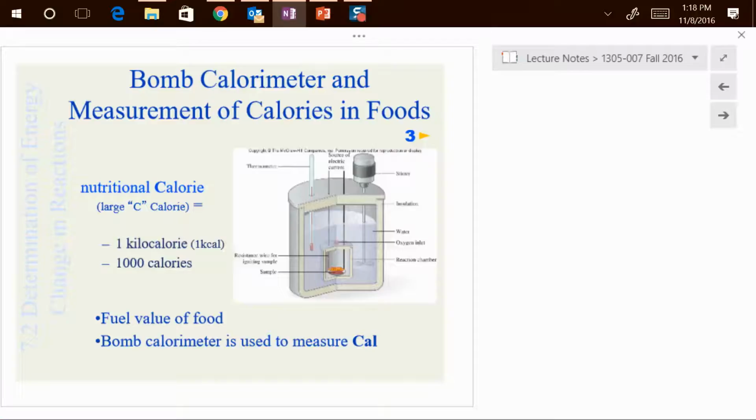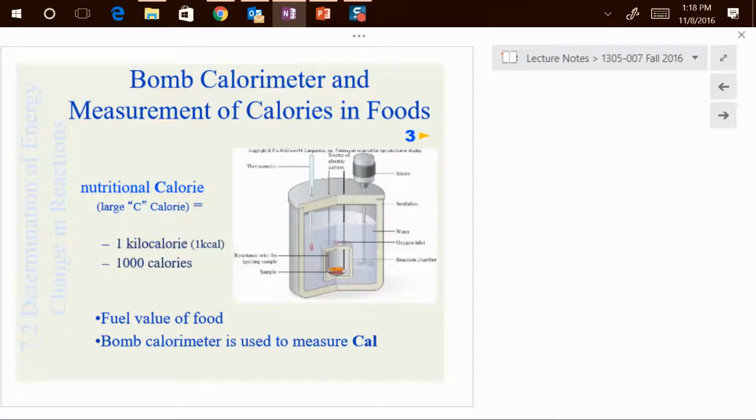But of course, 1 kilocalorie of energy is equivalent to 1,000 calories. But when we're talking about food, we don't see energy written in calories with a little c. We see energy written with calories with a big C. Well, a big C calorie is equal to 1 kilocalorie, right?